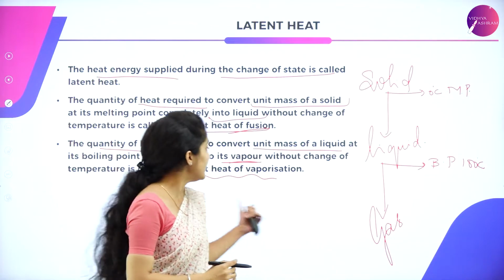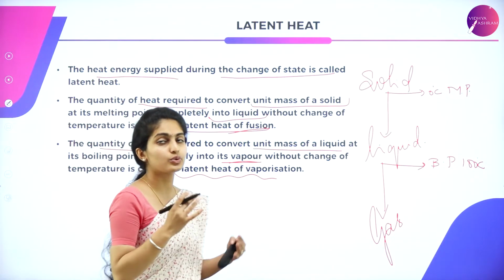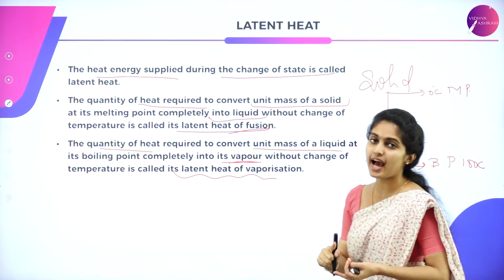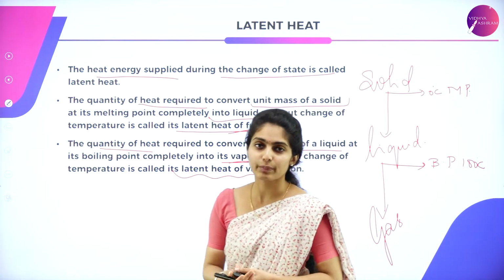Liquid always boils, it doesn't melt. This is said to be latent heat of vaporization. So these are the two concepts under latent heat: latent heat of fusion and latent heat of vaporization.